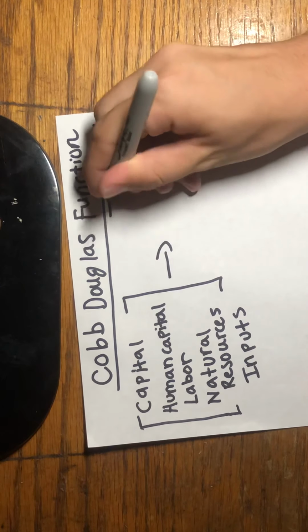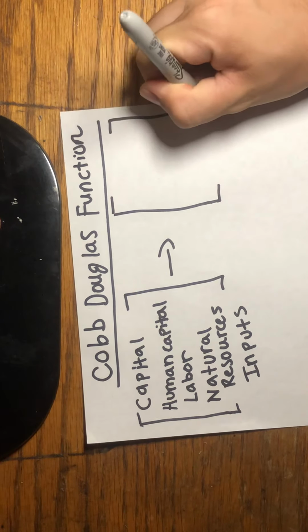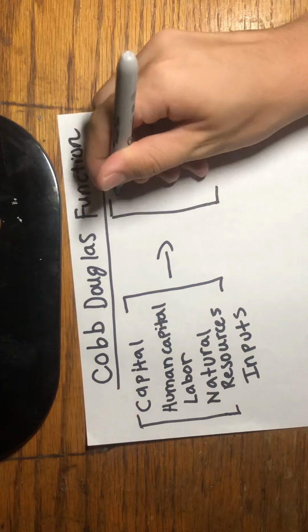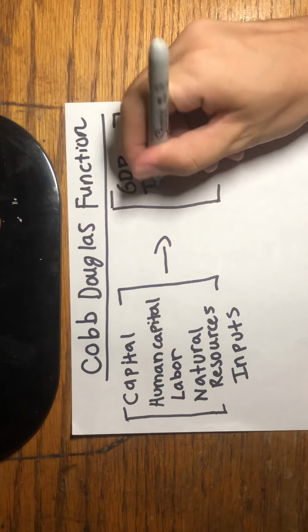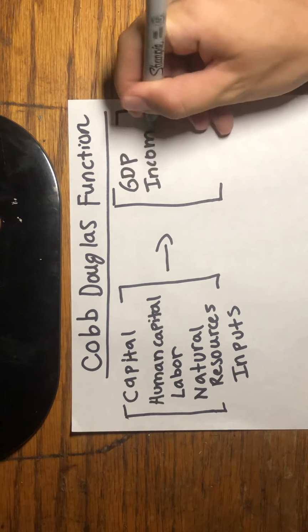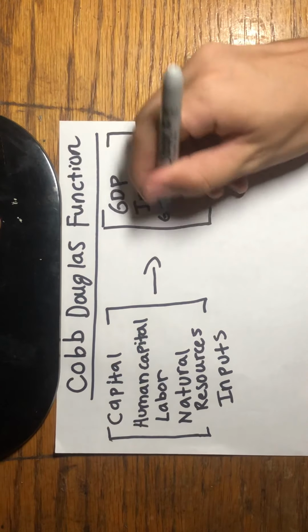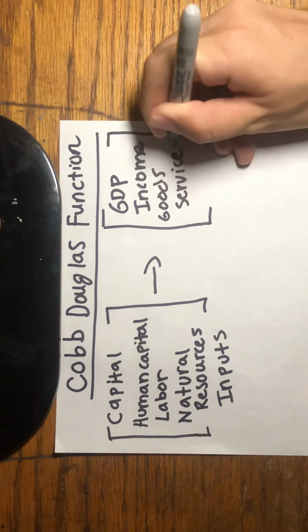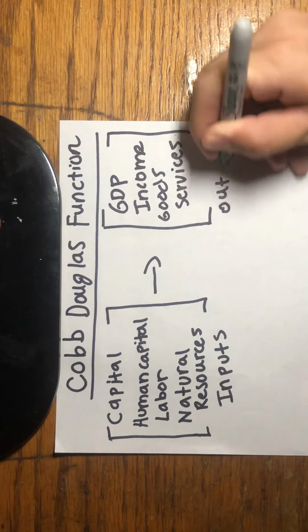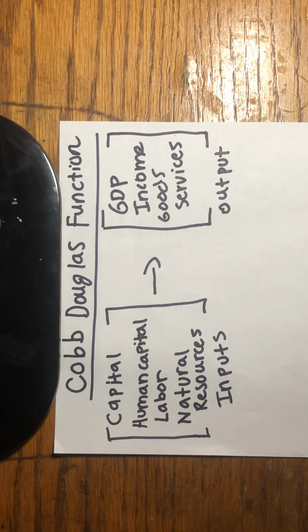So when we look at output, we have some things that are classified as output. We look at GDP, which is gross domestic product, as well as income. And we also have goods and services. So all of these things fall under the category of output, essentially.